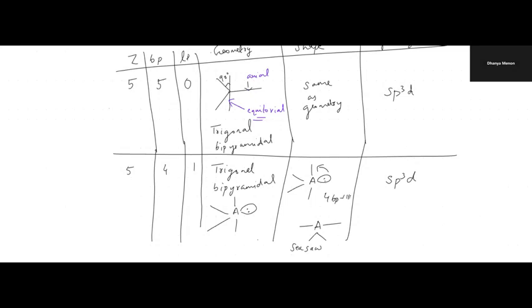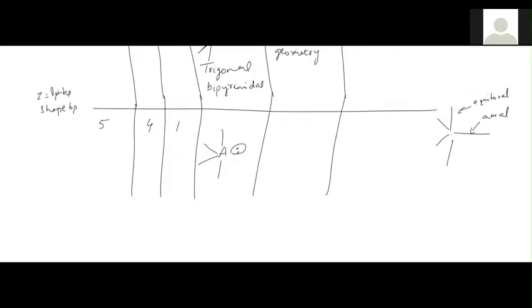This is for 4 bond pairs plus 1 lone pair, although the lone pair we ignore while determining the shape. The geometry is same, which is called trigonal bipyramidal, and the lone pair is placed at the axial position.